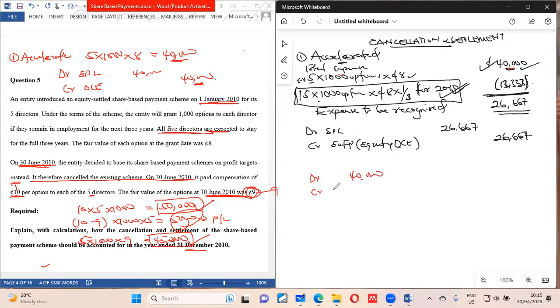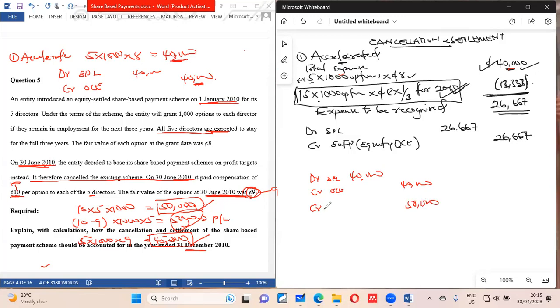You credited OCE of 40,000. Now, payment. What do you do when there is payment? You credit your cash. Cash will be 50,000.